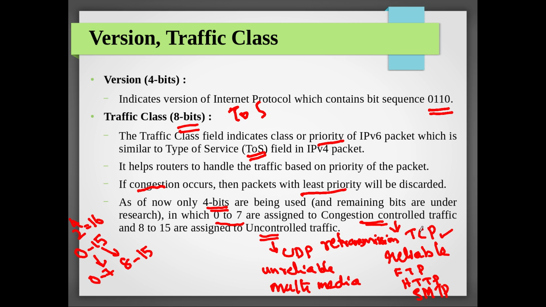We have concepts like the advertisement window, that means the receiver can advertise how much data it can take care of, and also another concept called the congestion window. Window means how much information you are going to send at any time. By looking at the congestion window, if it is saying don't send a huge amount of data, accordingly you will reduce your traffic. So there is some inbuilt mechanism by which TCP is able to control the congestion, and the details we will see later. And that is why we call TCP traffic congestion controlled traffic.